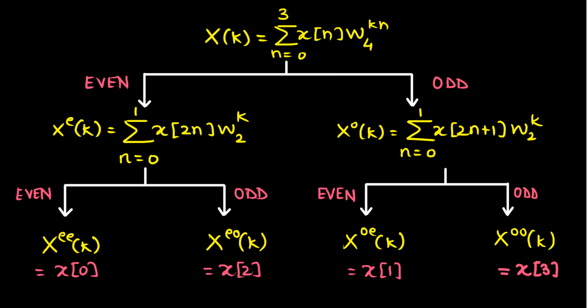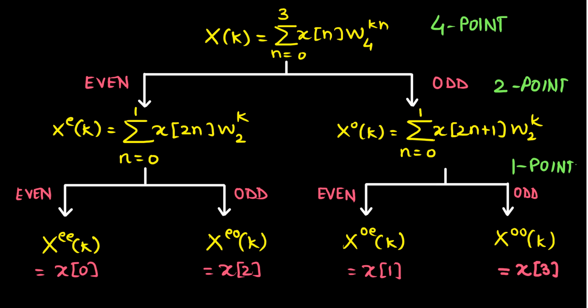So what I am saying is something like this. Initially here we had this 4 point DFT, then we go on splitting it into the even and odd parts, and then we get 2 point DFTs, and then again we go on splitting further and get single point DFTs, that is 1 point DFTs. And we saw that these 1 point DFTs are the initial signal values themselves.